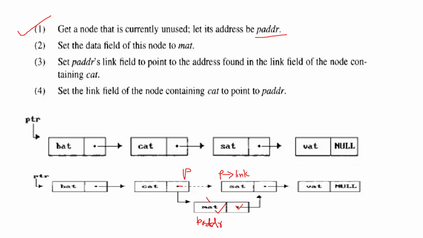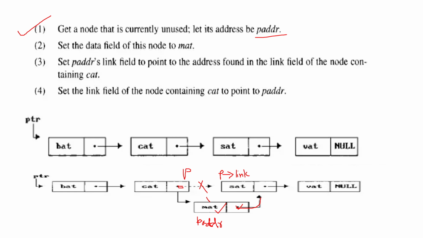Now what do I have to set? As I don't have a specific variable name for that node, I can make use of the previous node, that is P of link. So the link field of PADD is P of link. Don't set this directly. Set the address field of the newly created node to point to the next node after P. Now I don't want the old link.